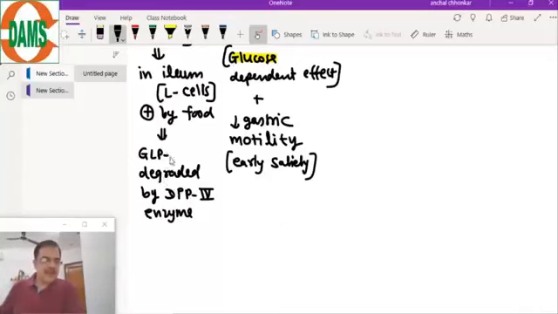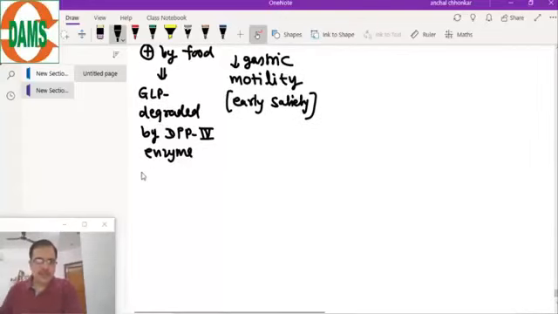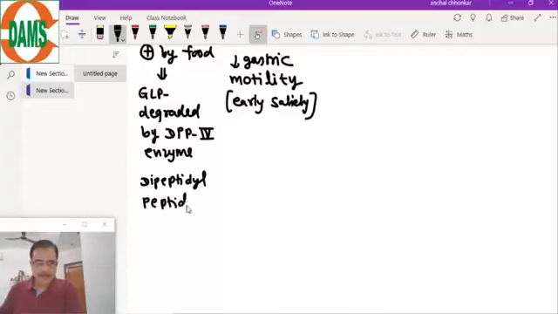DPP4 enzyme degrades the GLP molecules. So DPP is dipeptidyl peptidase. So the natural GLP is degraded in our body by DPP4 enzyme. So that will become the mechanism of the next drug.